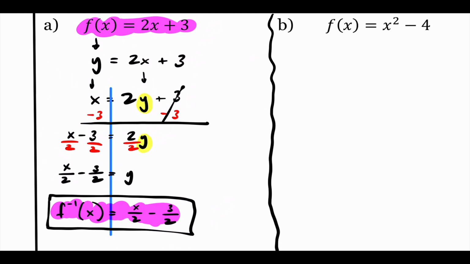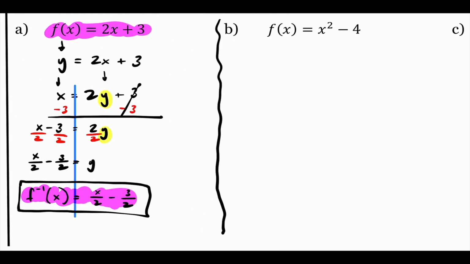What's the opposite of times 2? Divide by 2. When we have divide by 2, that's a way to check your answer. If the original had multiplication times 2 and plus 3, the answer should have divided by 2 and subtract. Okay? All right.